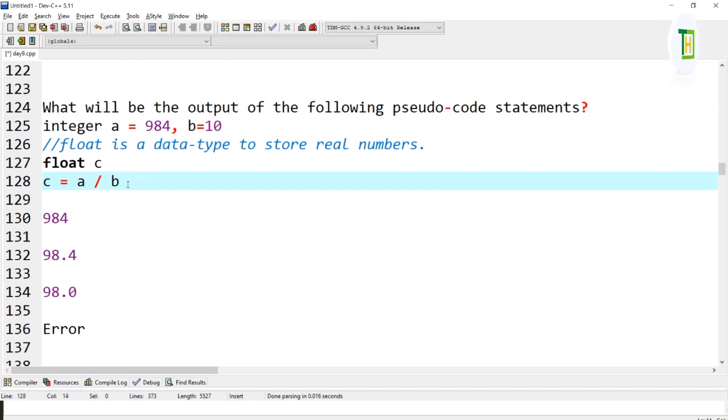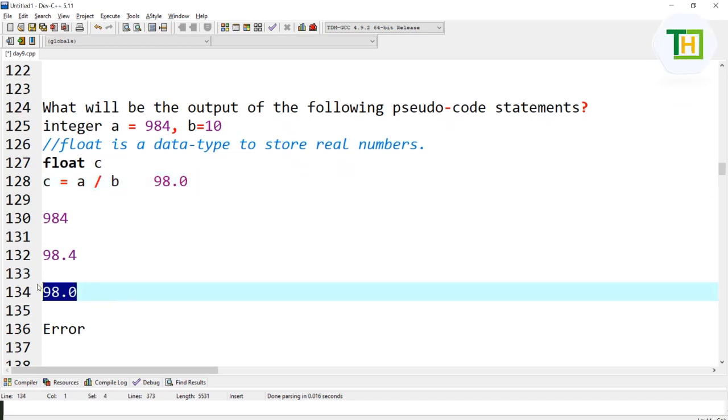For example, 984 divided by 10, sorry, the quotient is going to be 98. But here the C is a float, right? That's why 98.0 is the answer.